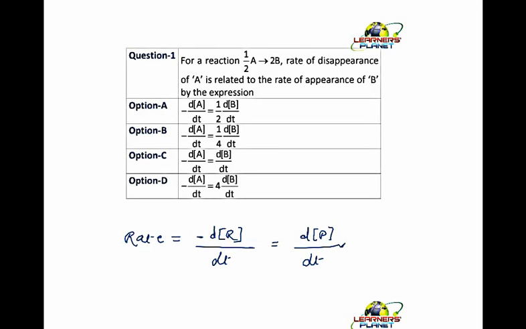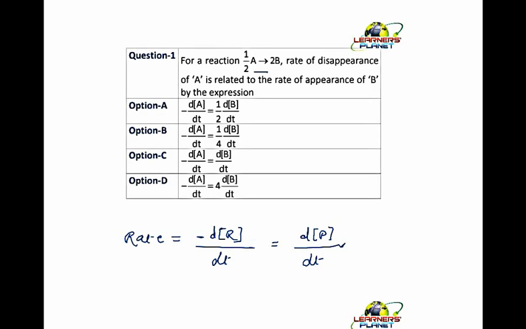For the reactant we have written minus. Why? Because this is disappearing. Its concentration is reducing, whereas this is the product whose concentration is increasing. Right? Now you have to write the same for this equation.